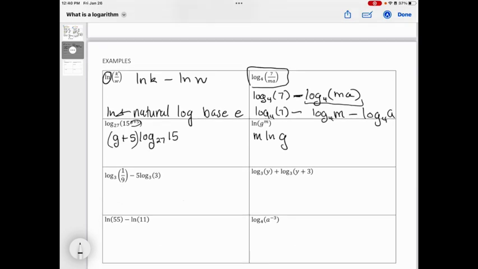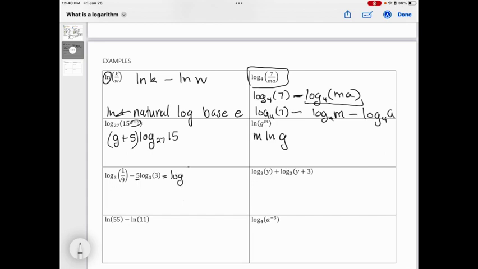Now let's look at log base 3 of 1/9 minus 5 times the log base 3 of 3. When you are condensing and you're trying to put it into one logarithm using the properties, you first want to make sure that if you have any coefficients in front of the log, that you work in reverse and bring them back up as an exponent.